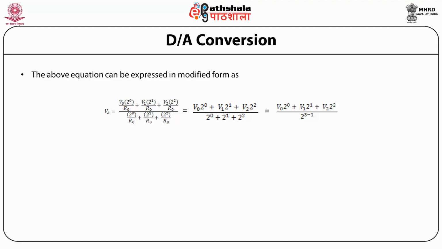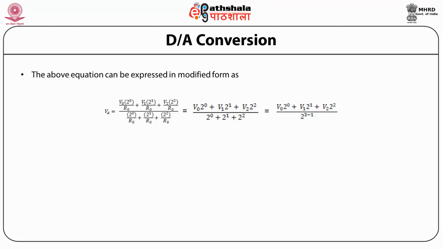Thus, this can be simplified to obtain VA equal to V0 into 2 raised to power 0 plus V1 into 2 raised to power 1 plus V2 into 2 raised to power 2, on the whole divided by 2 raised to power 0 plus 2 raised to power 1 plus 2 raised to power 2.